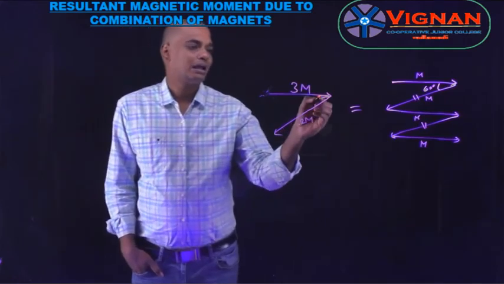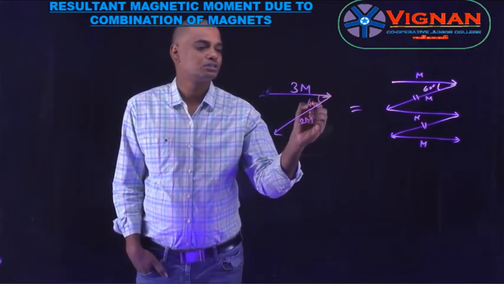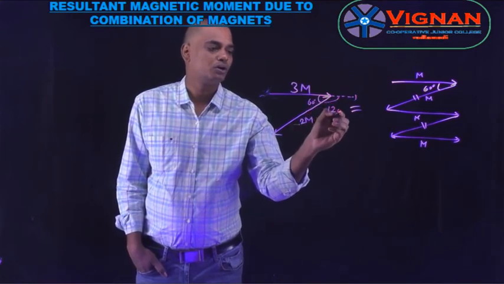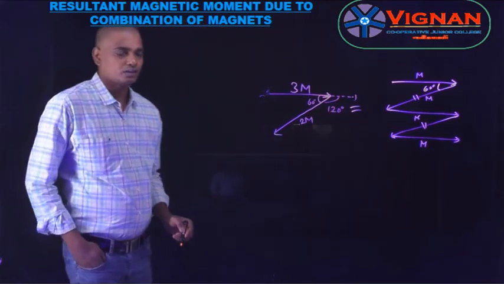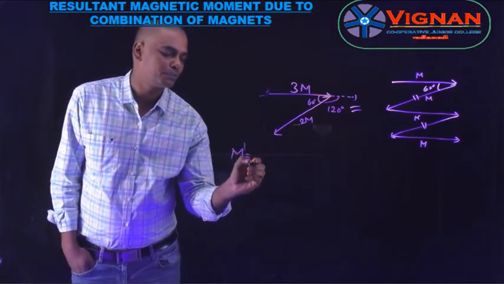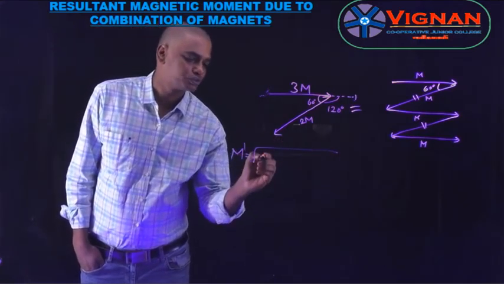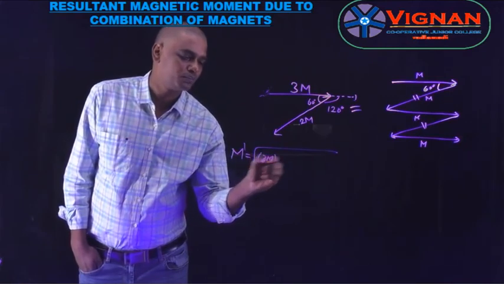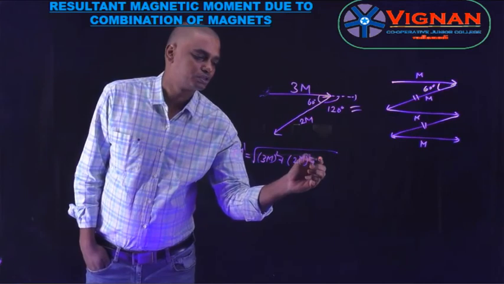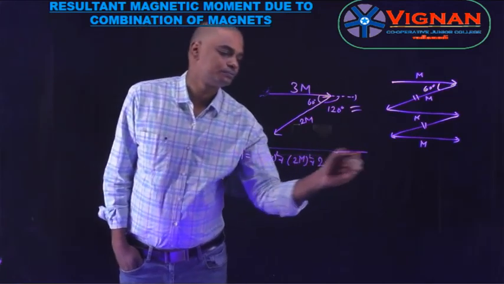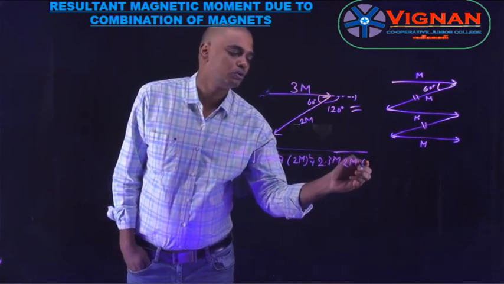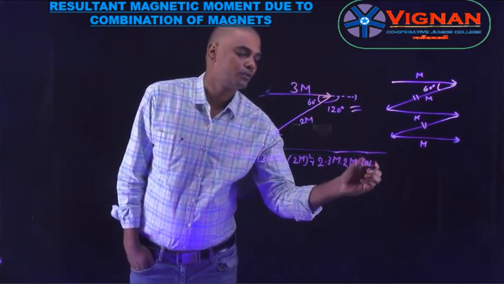Given that the angle between them here is 60 degrees. So, if you extend this, the angle between them is 120 degrees. By substituting in the formula, the resultant magnetic dipole moment M dash is equal to root over (3M) whole square plus (2M) whole square plus 2 into 3M into 2M into cos 120.